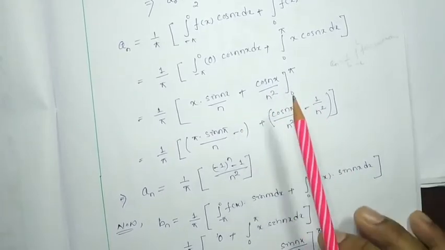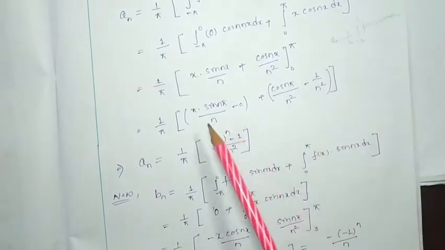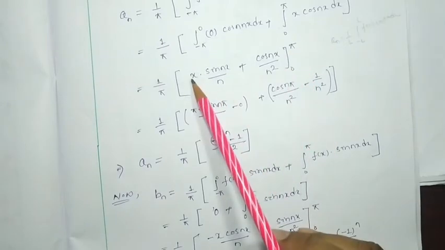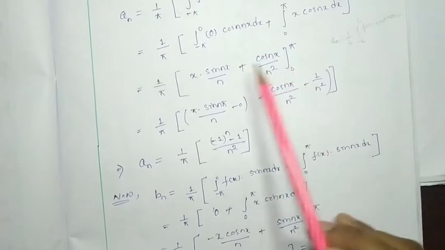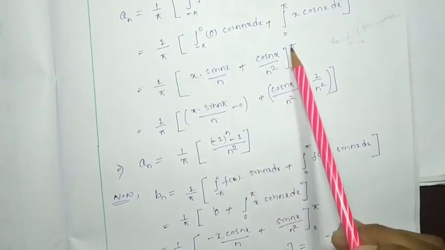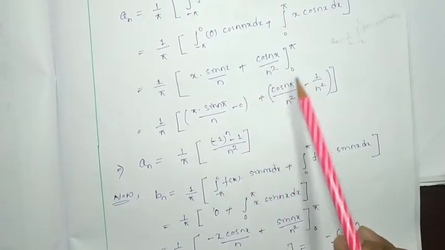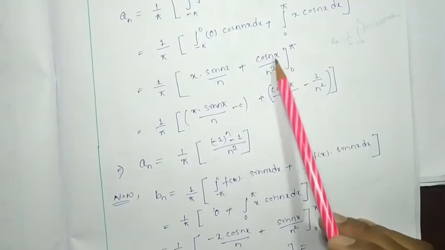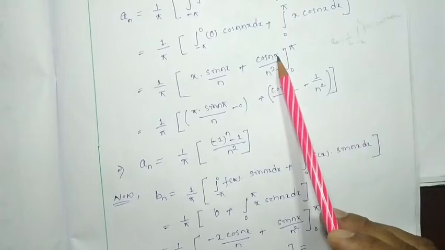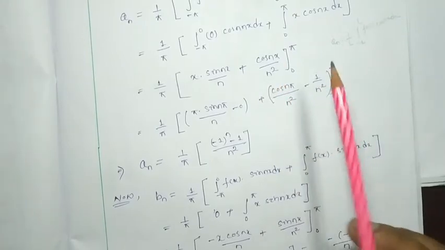By putting the limits, substituting pi we get pi sin n pi by n, and by substituting 0 it will be 0. Then substituting pi in the second term gives cos n pi by n square, minus, for 0, cos 0 is 1 by n square, so minus 1 by n square.